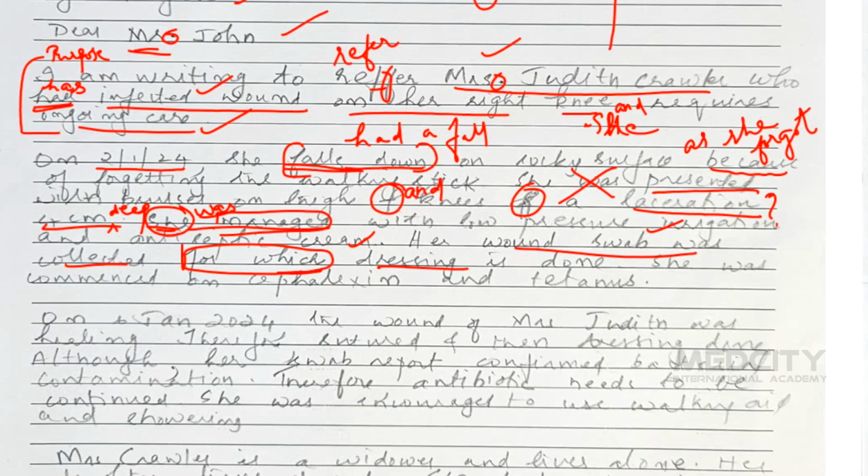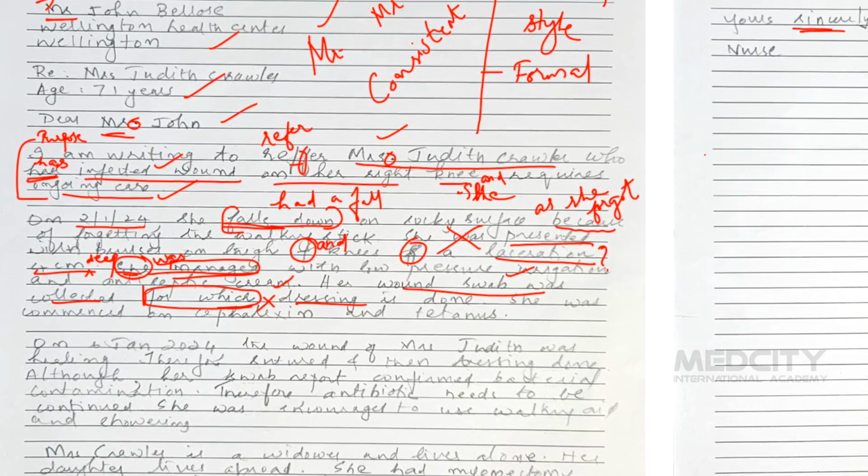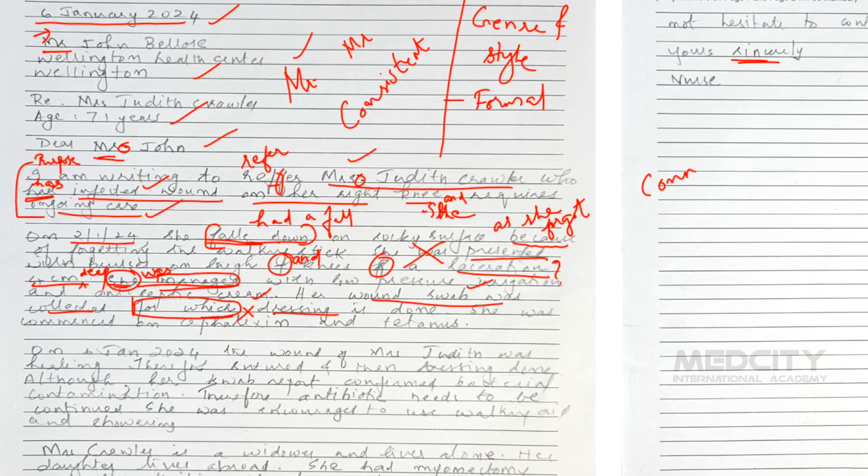So you should be careful while using the connectors. Connectors are yet another important aspect. It's not necessary that you have to use a lot of connectors, but if you're using, you have to use them wisely. It should be appropriate to the context. Here for which is not appropriate because the two ideas you're connecting with for which, that is wound swab collection and dressing, has no relation.